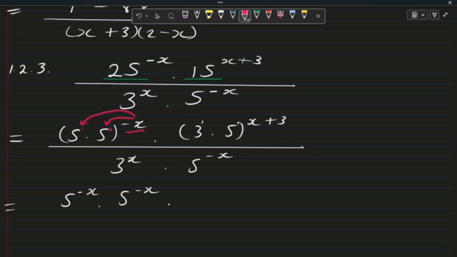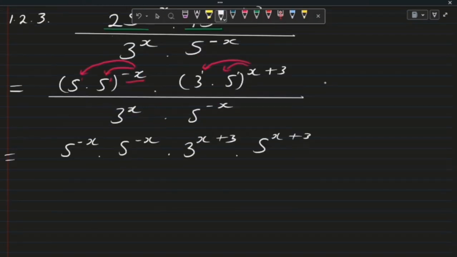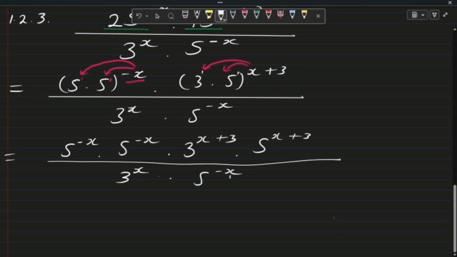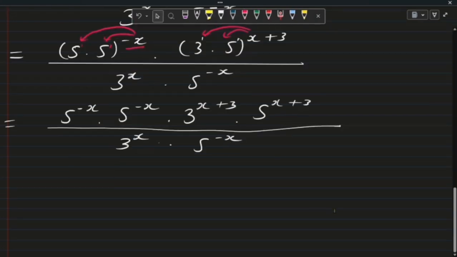We will take this power, which is x plus 3, we distribute it here, we distribute it there, and then we result in 3 to the power of x plus 3 times 5 to the power of x plus 3, okay, and then we can divide. We can say that this is divided by 3 to the power of x times 5 to the power of minus x, and that is what we have at this point.